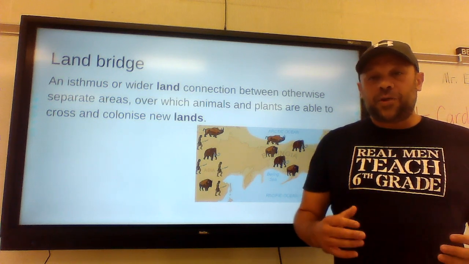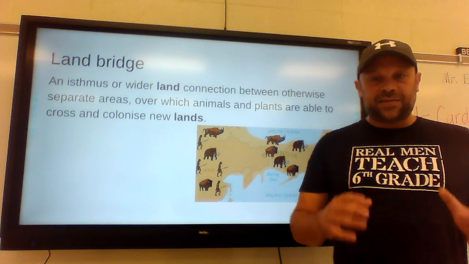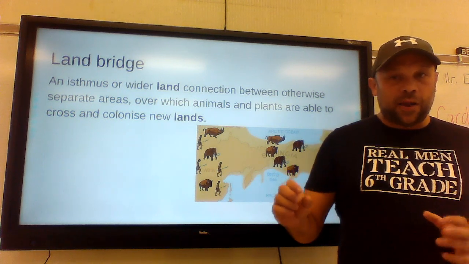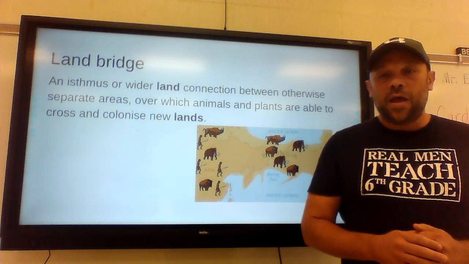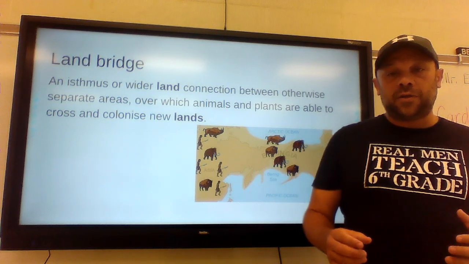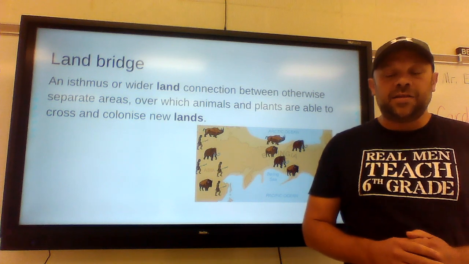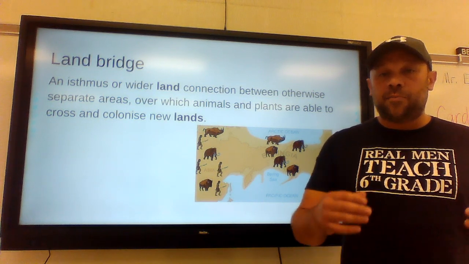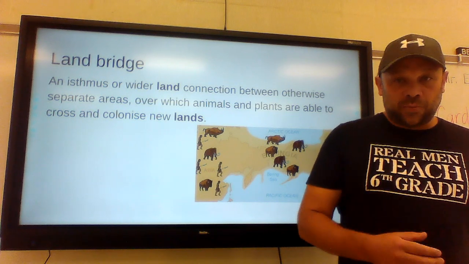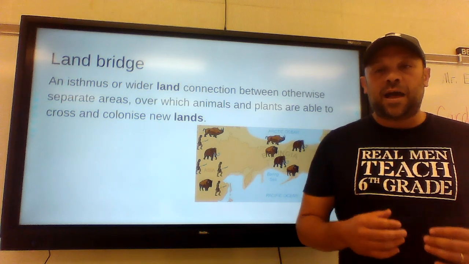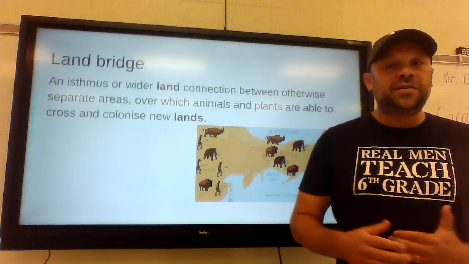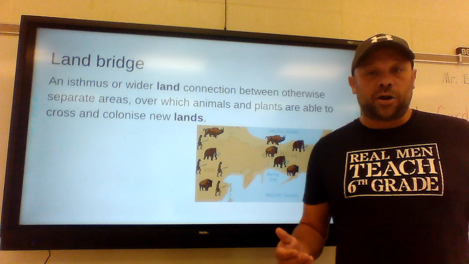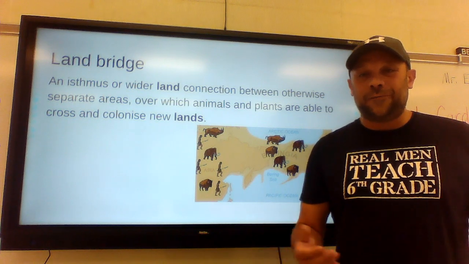Now, the specific place that we're talking about there being an isthmus is between Alaska and Asia, or where Russia is located now. We believe that a very long time ago there was a narrow land bridge connecting those two areas and that people migrated across, and they brought seeds for plants, animals crossed over, and that allowed migration from one continent to another where now there is a body of water and people can't cross on foot.